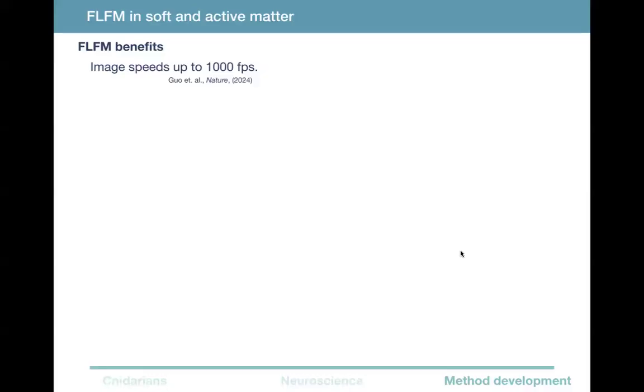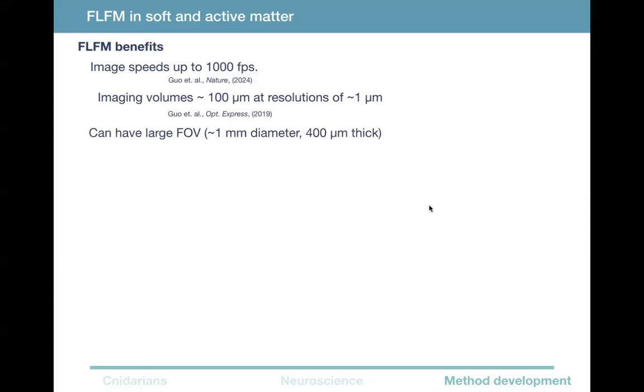If you have this microlens array, you can get up to 1,000 frames per second. You can image volumes if you go to higher magnification of about 100 micron by 100 micron, at resolutions of down to 1 micron. You can alternatively have fairly large fields of view if you use lower magnification, up to a millimeter in diameter and about 400 microns thick.